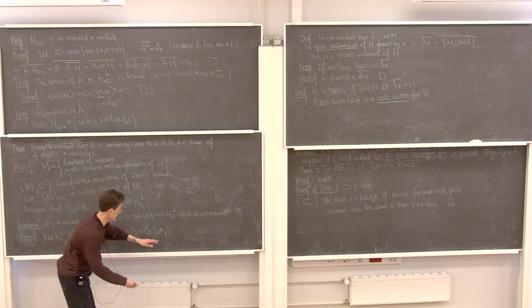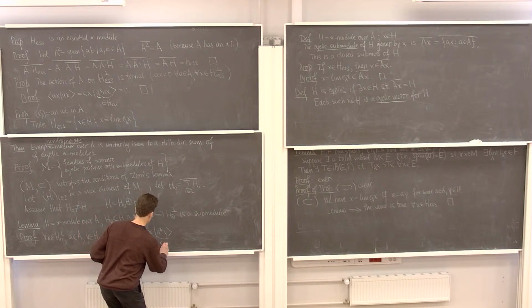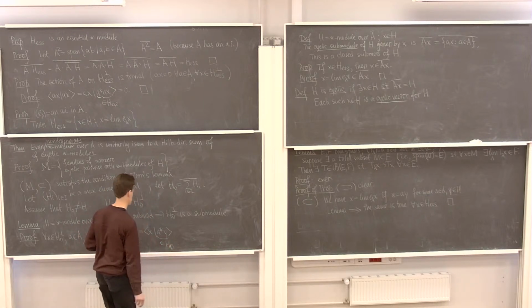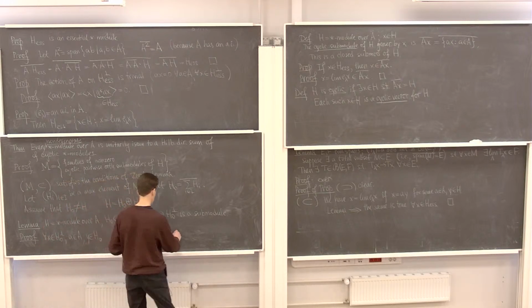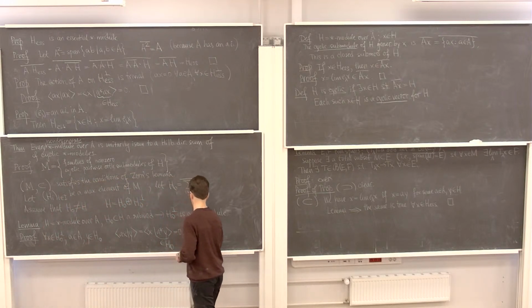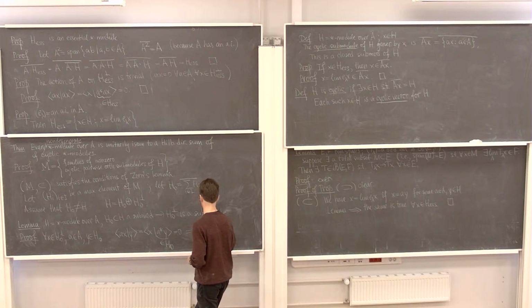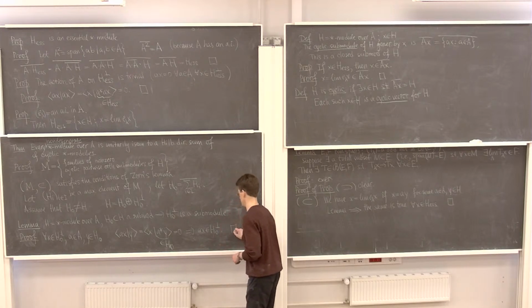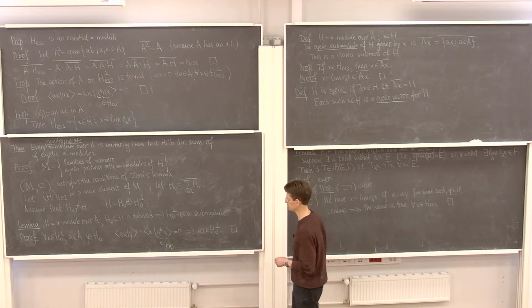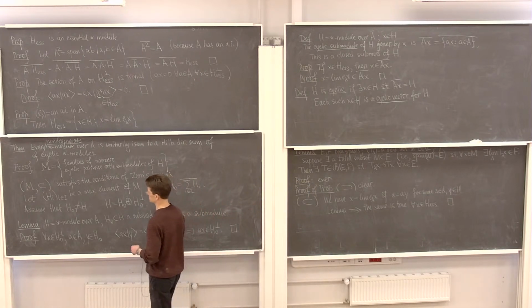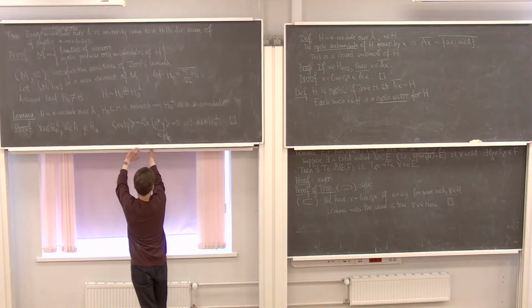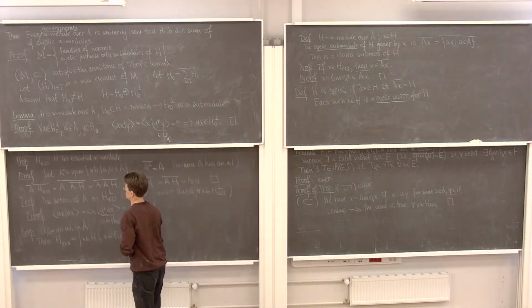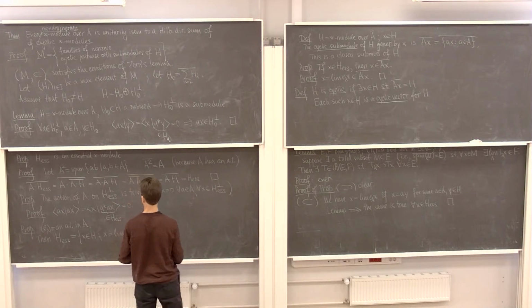And a star y belongs to H0, because H0 is a submodule, and x is orthogonal to H0. So this is 0. As a result, we see that ax belongs to the orthogonal complement, so the orthogonal complement is also a submodule. This completes the proof of our lemma. Now we can come back to the proof of our theorem.